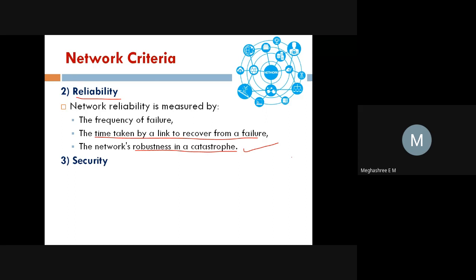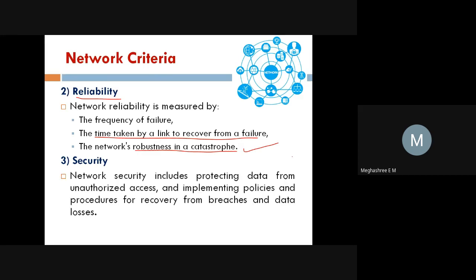We choose only those networks which provide proper security over the data. Network security includes protecting data from unauthorized access and implementing policies and procedures for recovery from breaches and data losses. We use social media, right?